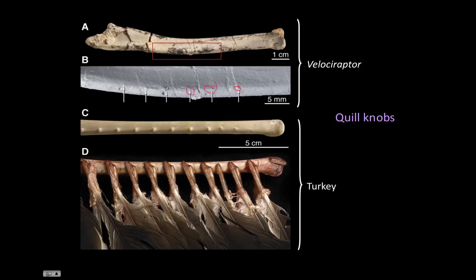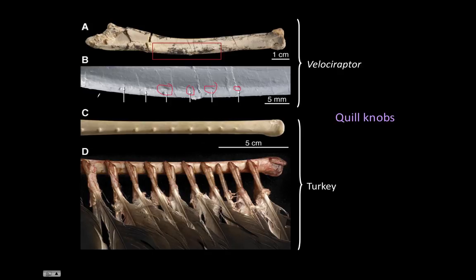These knobs are quill knobs. The quill knobs are more pronounced in a turkey, which has much larger feathers protruding from its forelimb, and so it has larger quill knobs. These quill knobs are where the feathers attach to the bone. So we can see where little tiny downy feathers attached to the forelimb of the Velociraptor with these quill knobs.